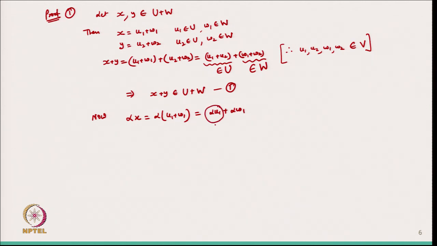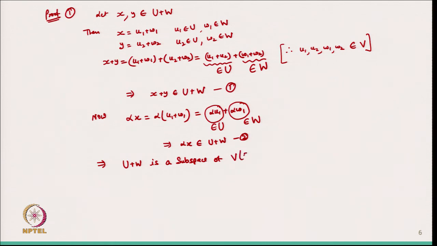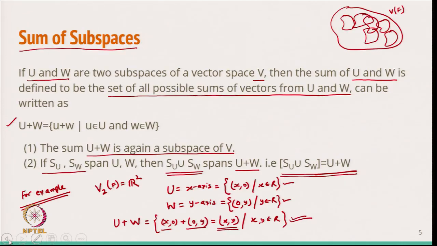With this scalar multiplication, alpha U1 belongs to U, and alpha W1 belongs to W. So, from here I can say that alpha x also belongs to U plus W. So, scalar multiplication is also satisfied. Therefore U plus W is a subspace of the vector space V, because both properties are satisfied. So, this is what we wanted to show.